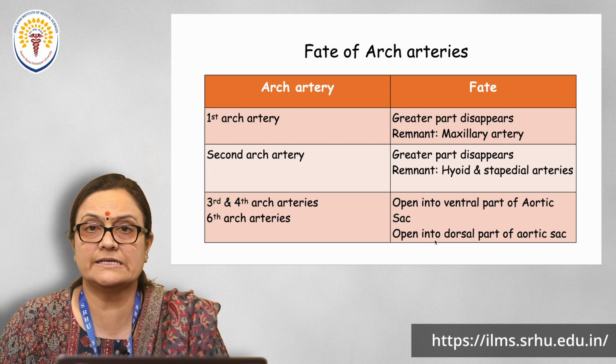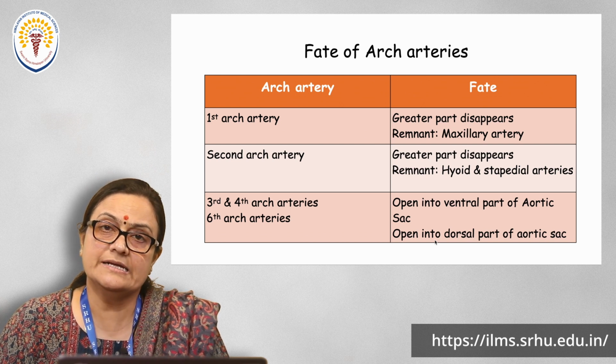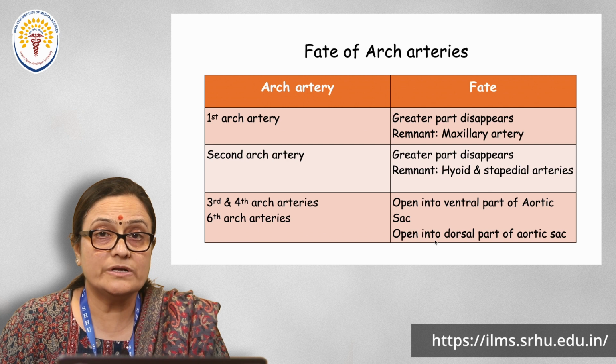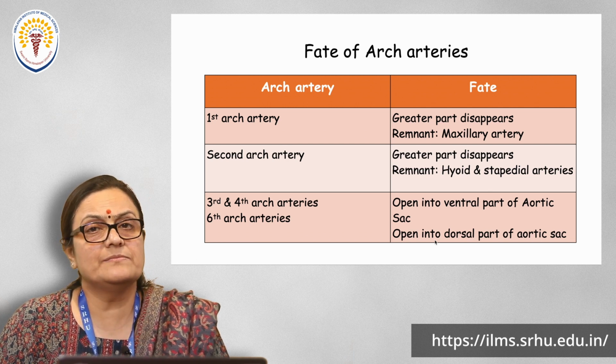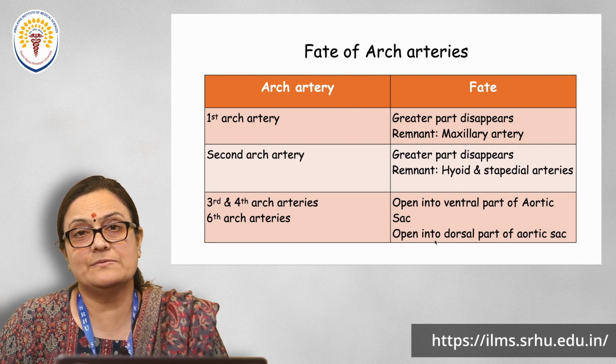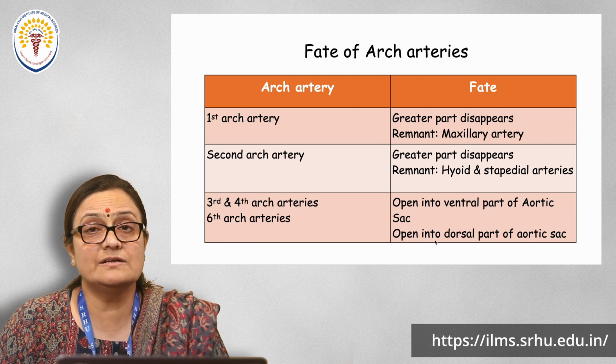Now what is the fate of second arch artery? See, second arch artery, the larger part again disappears, and there are 2 remnants. The first remnant is the hyoid artery and the second remnant is the stapedial artery. Now this becomes again a very important question, because randomly somebody may ask you, how does the hyoid artery develop? Most of the students will say, sir or ma'am, we haven't read it.